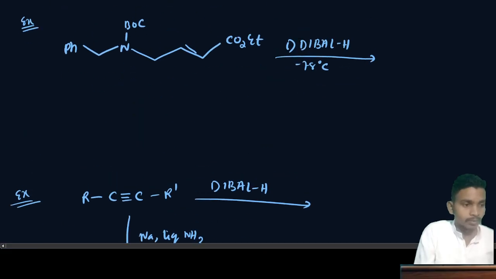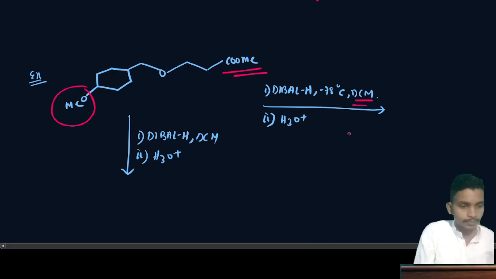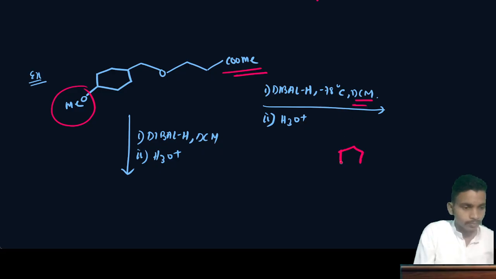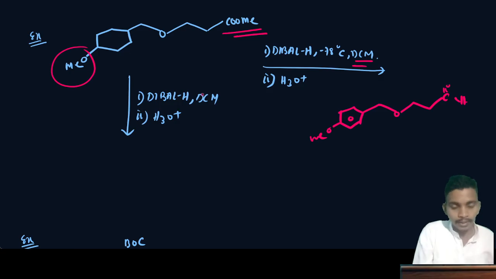If you do these reactions with DIBAL-H and DCM, and the temperature is not mentioned, then it is room temperature, and it will convert into the alcohol groups, not aldehyde groups.